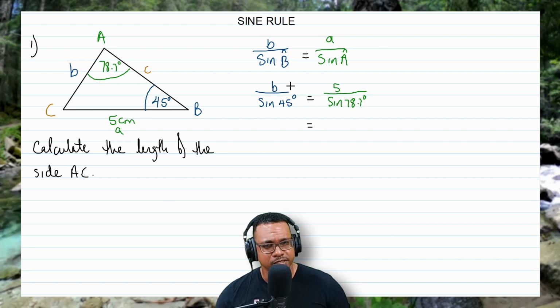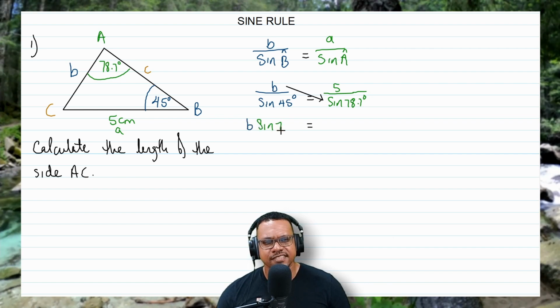So now I'm going to cross multiply. I'm going to multiply this B by sine 78.7 degrees, so I'm going to have B sine 78.7 degrees. And when I multiply this sine 45 degrees by 5, I'm going to have 5 multiplied by sine 45 degrees.